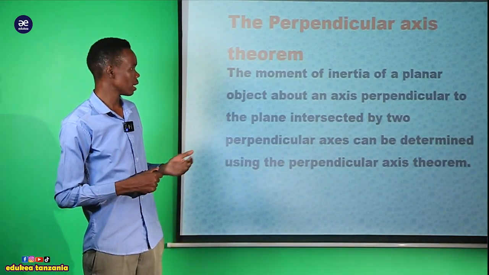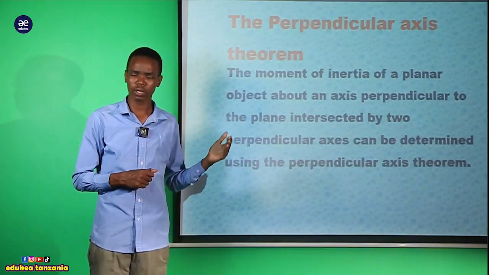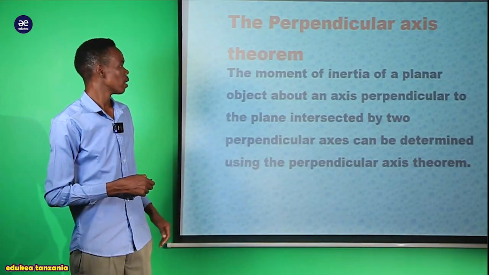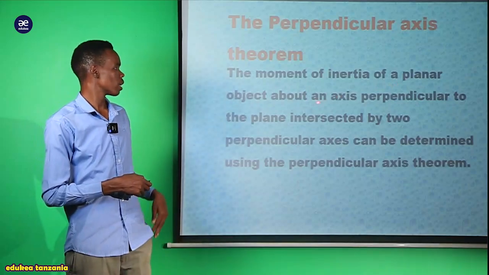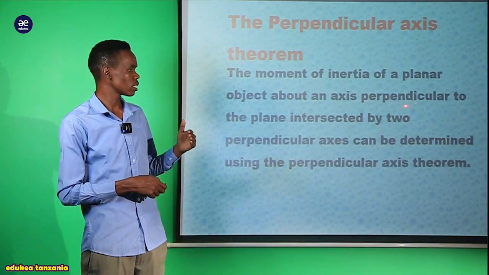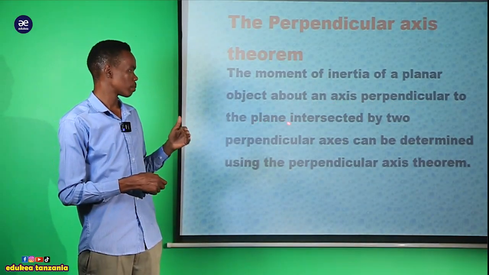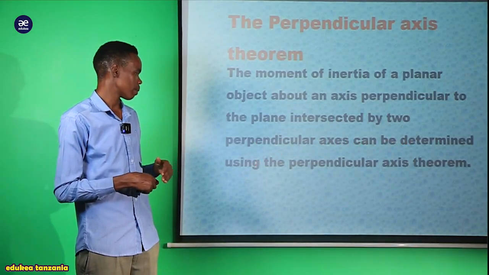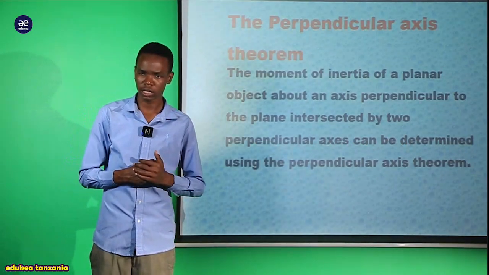So here is our statement related to the perpendicular axis theorem. Our statement says that the moment of inertia of a planar object about an axis perpendicular to the plane, intersected by two perpendicular axes, can be determined using the perpendicular axis theorem.